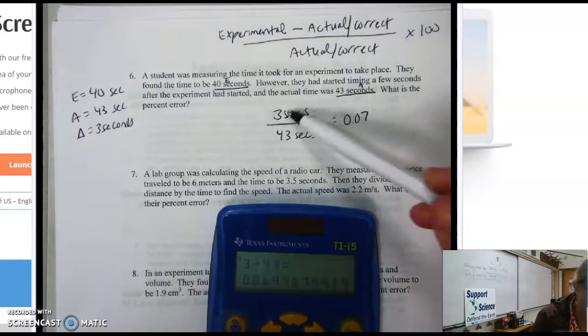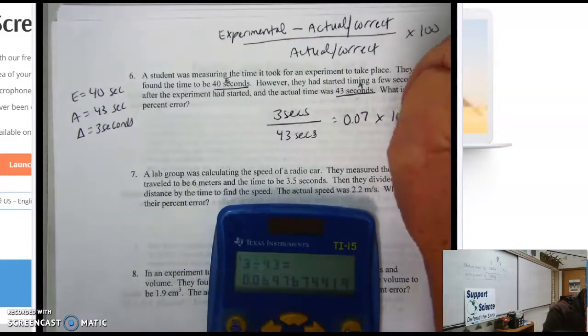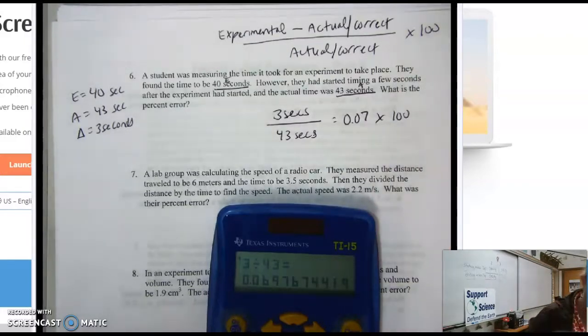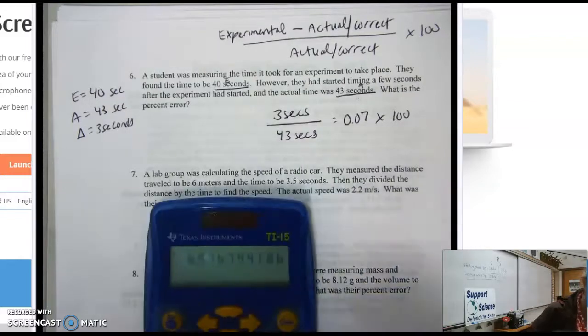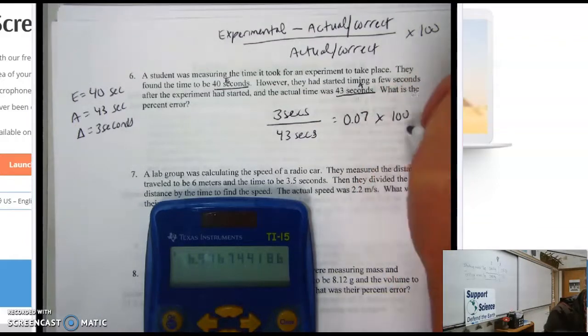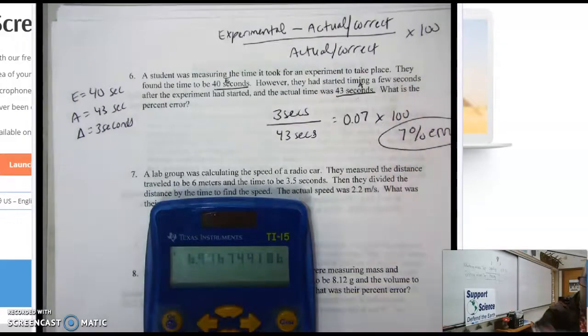So there's 2 and then there's 1. We're still working on that though, right? And then you're going to multiply that by 100. So we get 7%. We didn't even need to do that on the calculator because you could just move the decimal, right? 7% error. Okay.